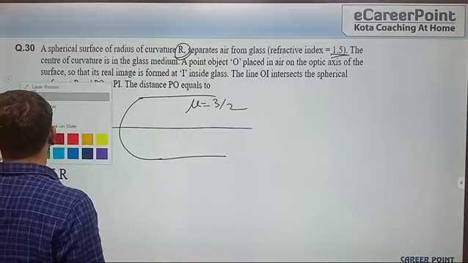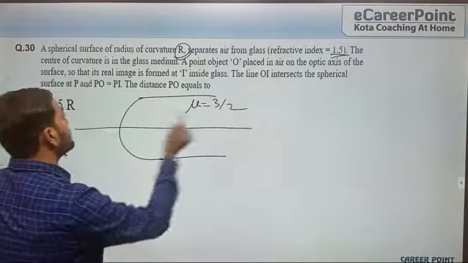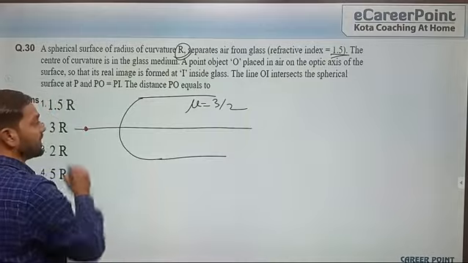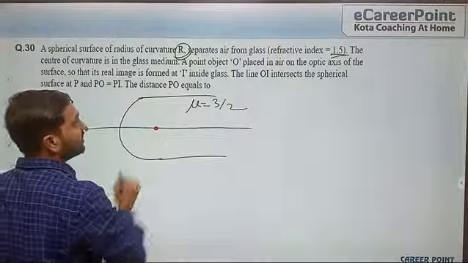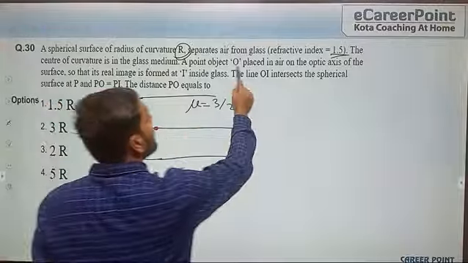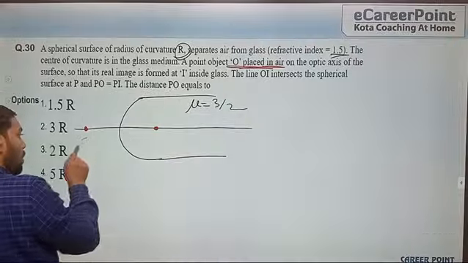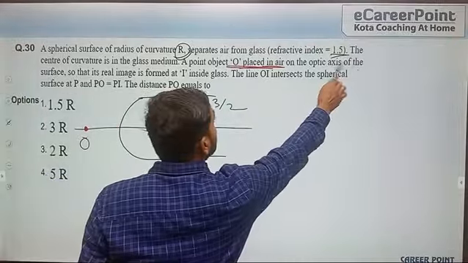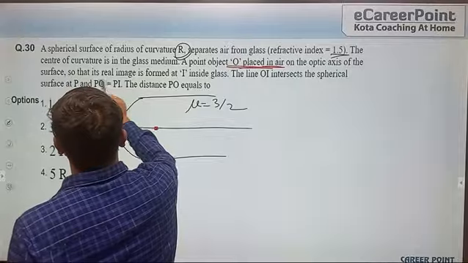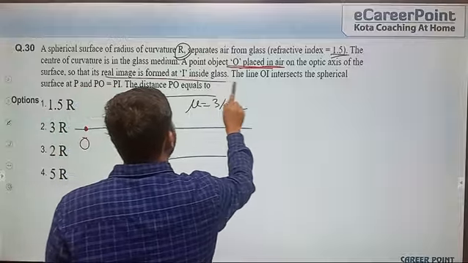So here an object is placed, and the image is formed here. The object is placed in air, so this is O, on the optic axis of the surface, so that its real image is formed at I inside the glass.